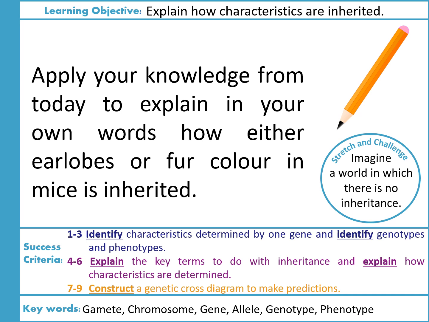We have explaining the key terms to do with inheritance and explaining how the characteristics are determined. And then finally, I want you to have a go at constructing a genetic cross diagram to make predictions and talking about how that works. If you want to have a little bit further stretch and challenge, you can imagine a world in which there is no inheritance. What would we all be like?